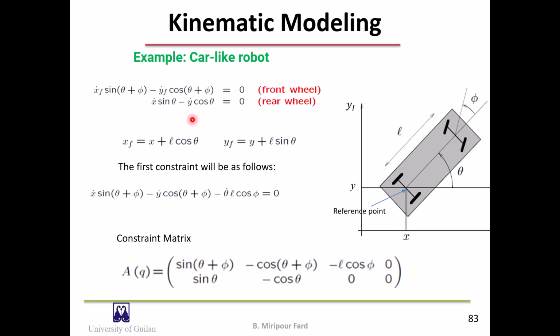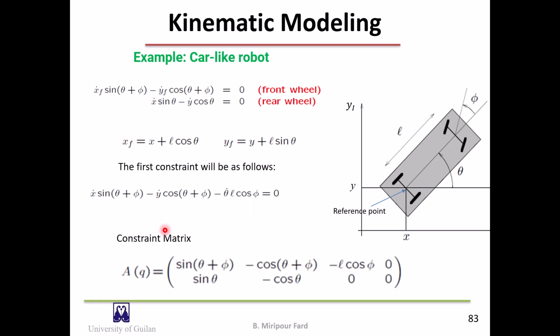Using the geometrical relation between the reference point and the midpoint of the front wheel axle, which are xf equals x plus l times cosine of theta, and yf equals y plus l times sine of theta, the first constraint will be as seen here, in terms of the generalized coordinates x dot, y dot, and theta dot.